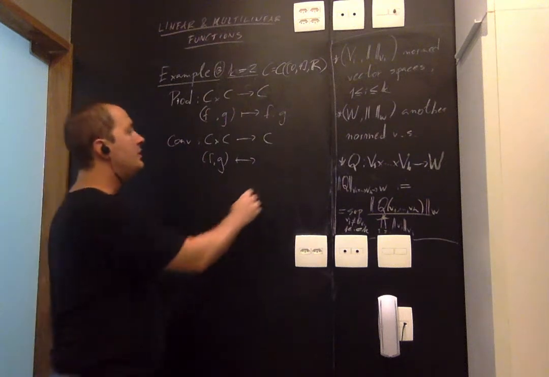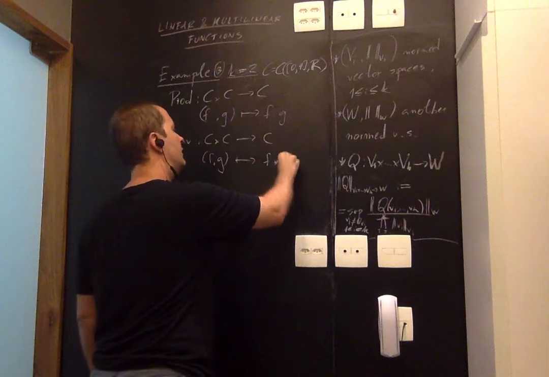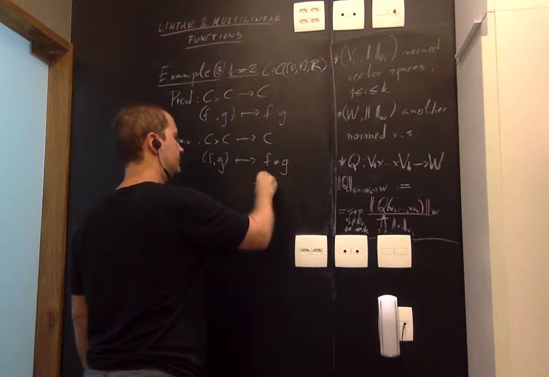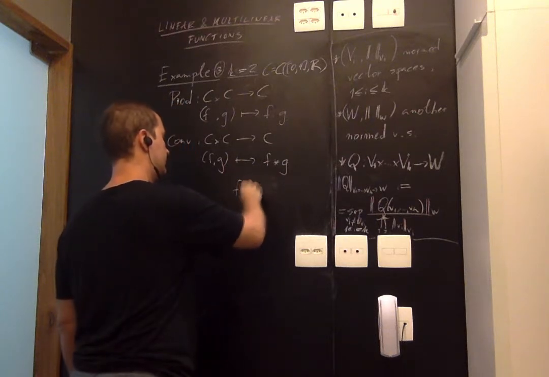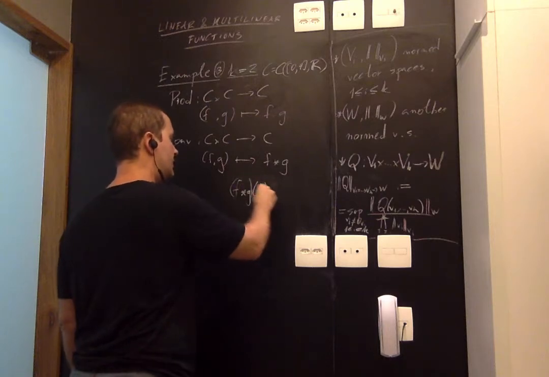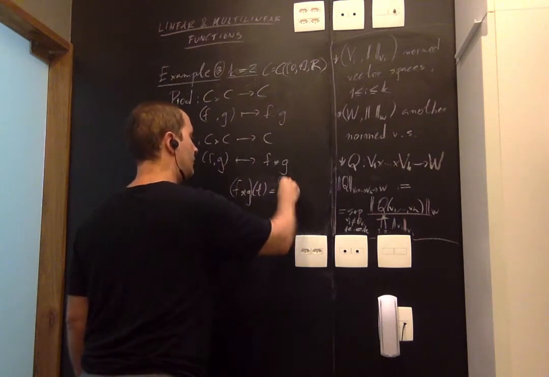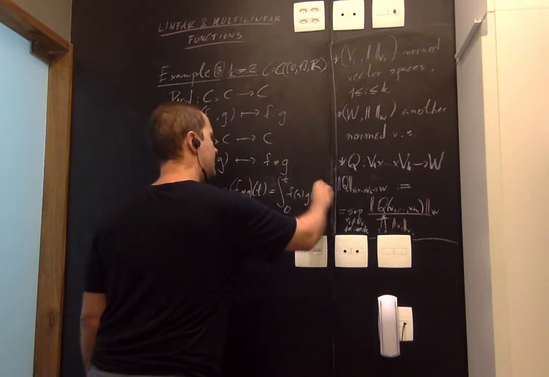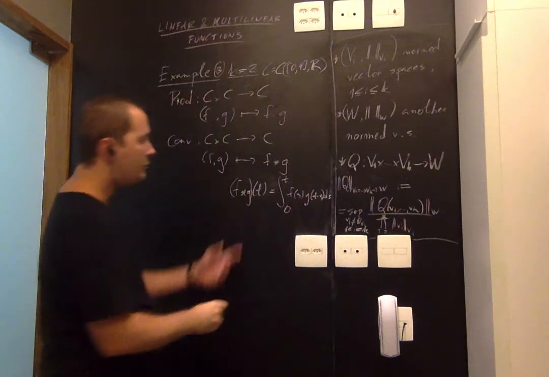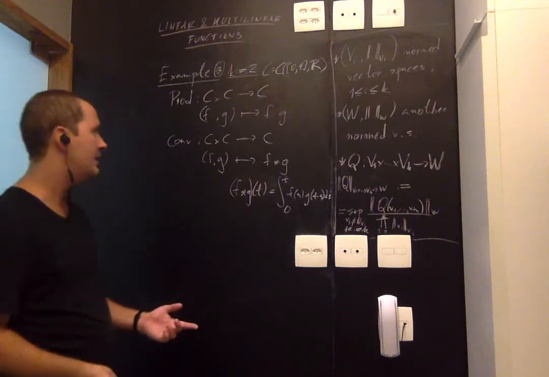And convolution is different. It gives you a new function, which is defined as follows. This function computed at t is equal to the integral from 0 to t of f(s) g(t minus s). And this is an operation that has all sorts of applications in analysis.